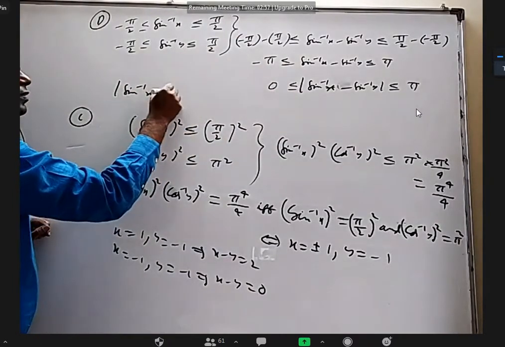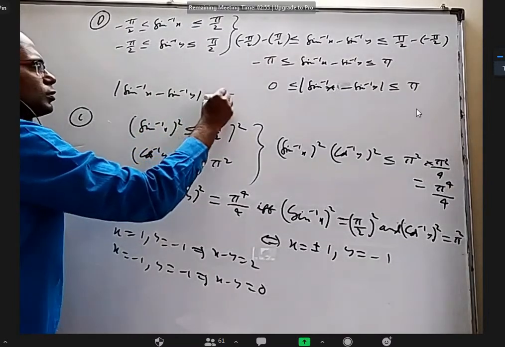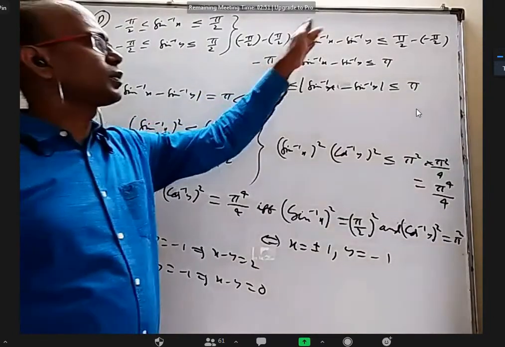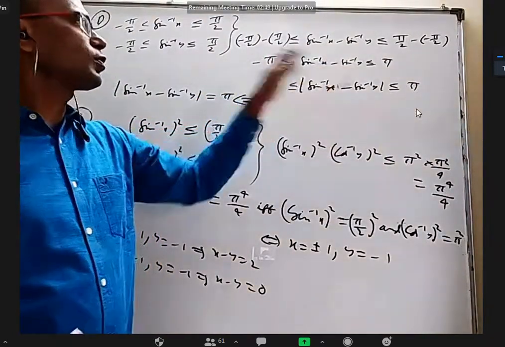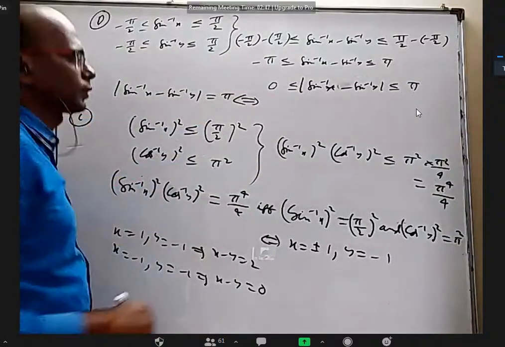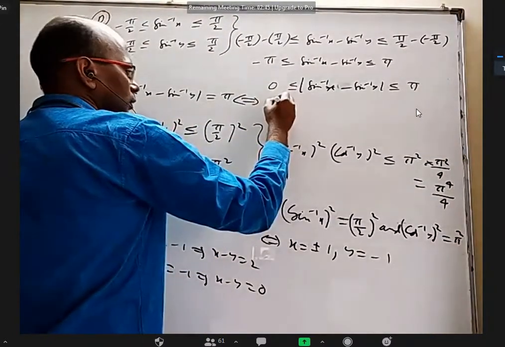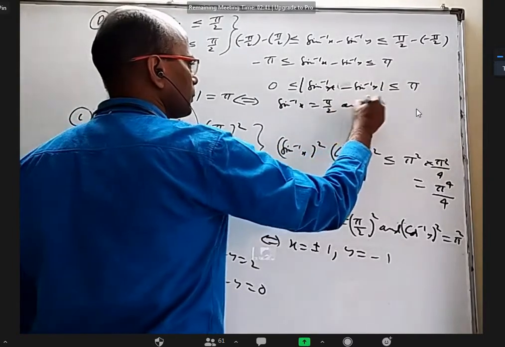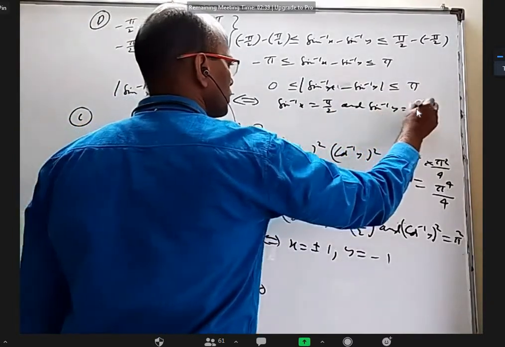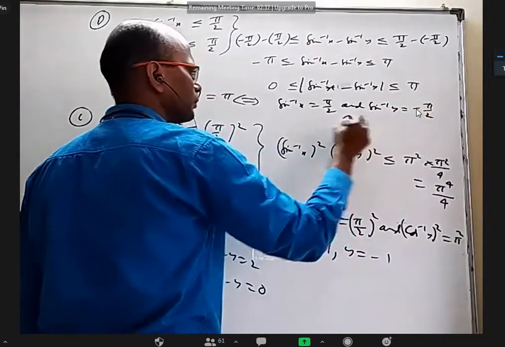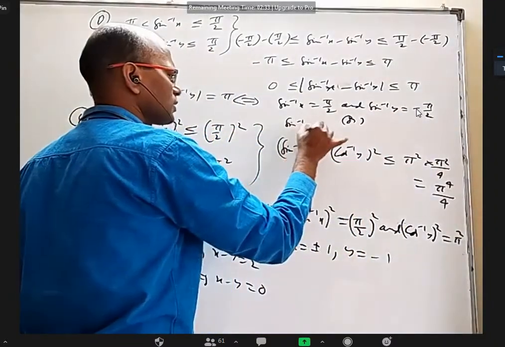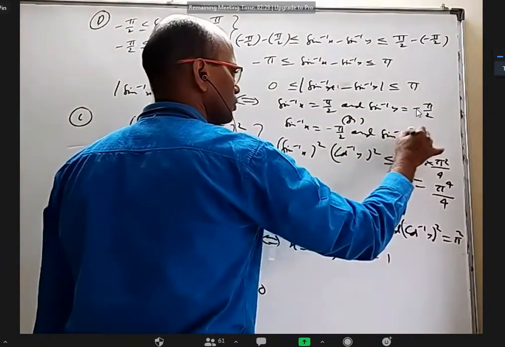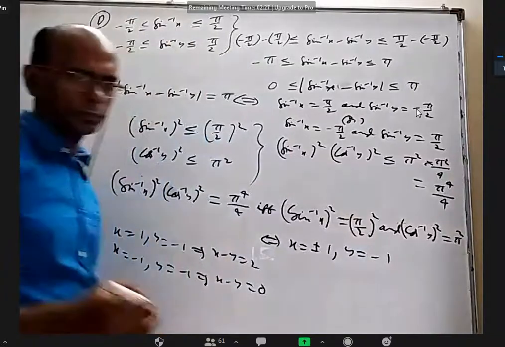So mod sin inverse x minus sin inverse y equal to pi will happen in two cases. When this is pi by 2 and this is minus pi by 2, or this is minus pi by 2 and this is pi by 2, both cases. This implies sin inverse x equal to pi by 2 and sin inverse y equal to minus pi by 2, or sin inverse x equal to minus pi by 2 and sin inverse y is equal to pi by 2.